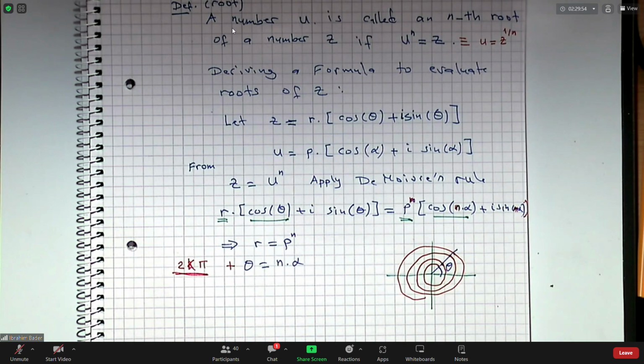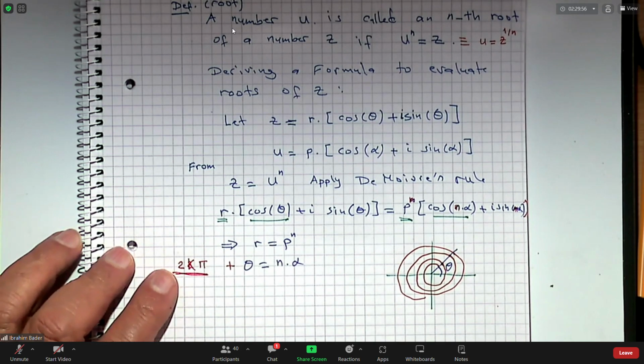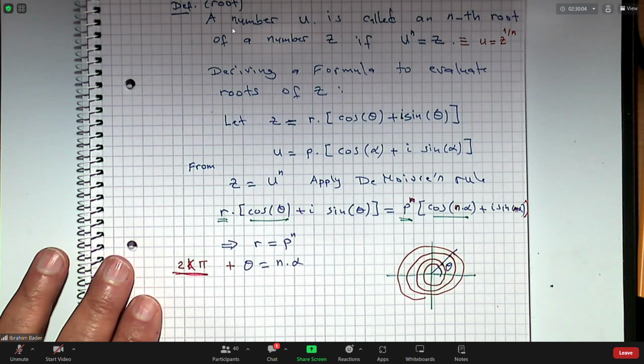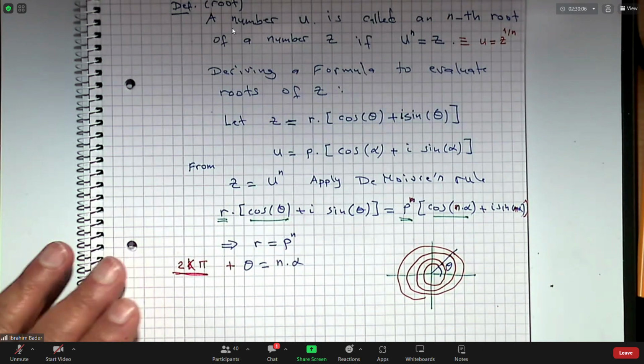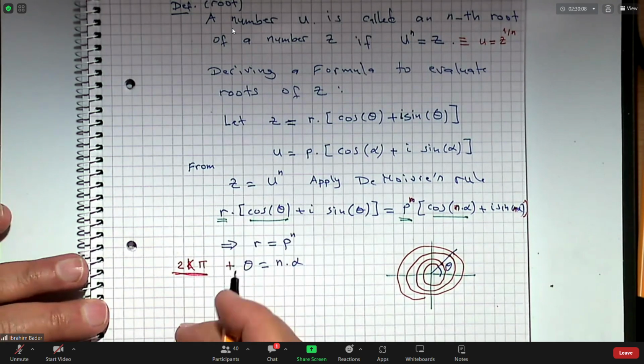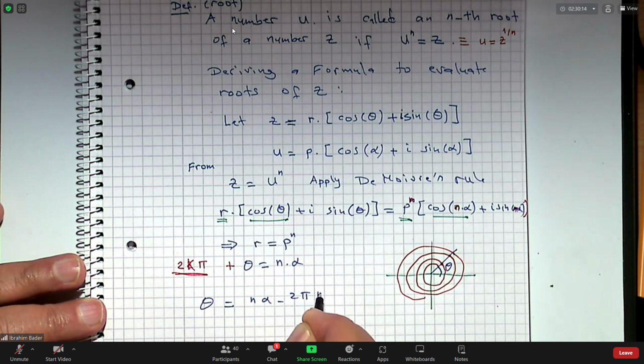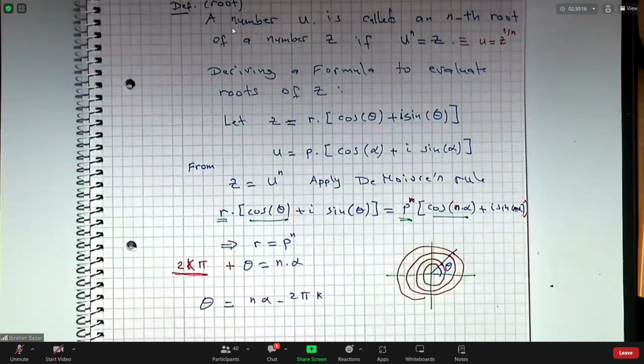Now, what does that mean here? If we solve this one for theta, what do we have? N alpha minus 2 pi k. And if you divide by n, you get alpha minus 2 pi k over n.